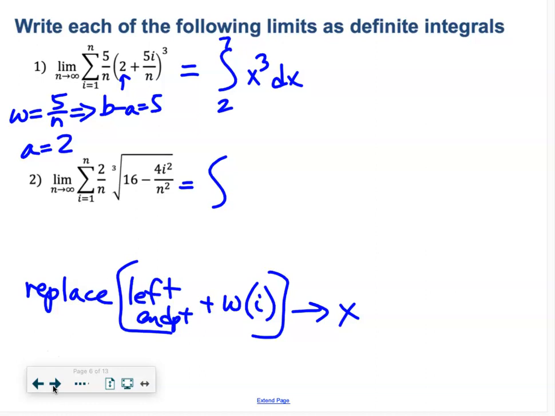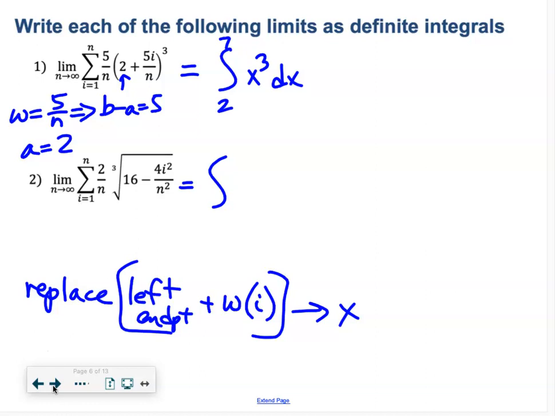Can you go over again how you got A? Yeah, so what are we plugging in? You have this parenthesis here, and you have this stuff cubed. This is width times I, because we know our width is 5 over n. So what do I plug into my function?